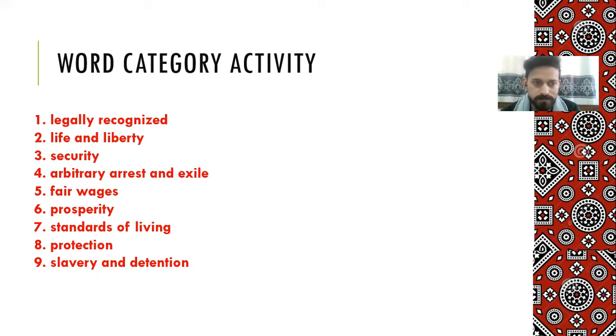Oh, it is encouraged by law. Yeah, we do. If you talk about liberty, the law does talk about liberty. So it means it is encouraged by law. Very good. Then we have security. Oh, many answers. Encouraged by law. Good.